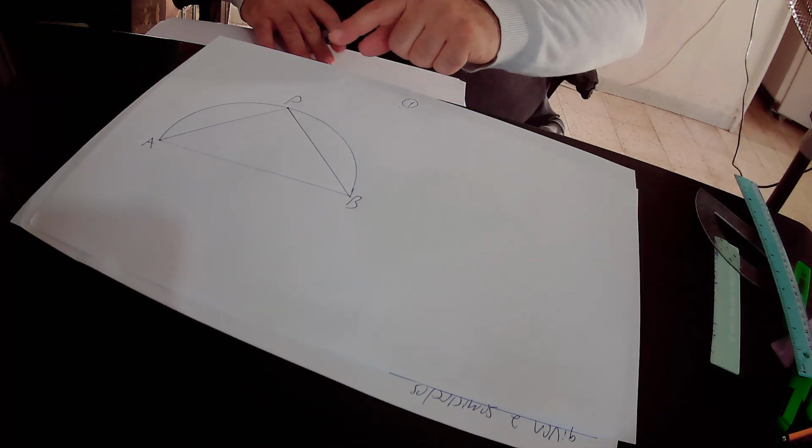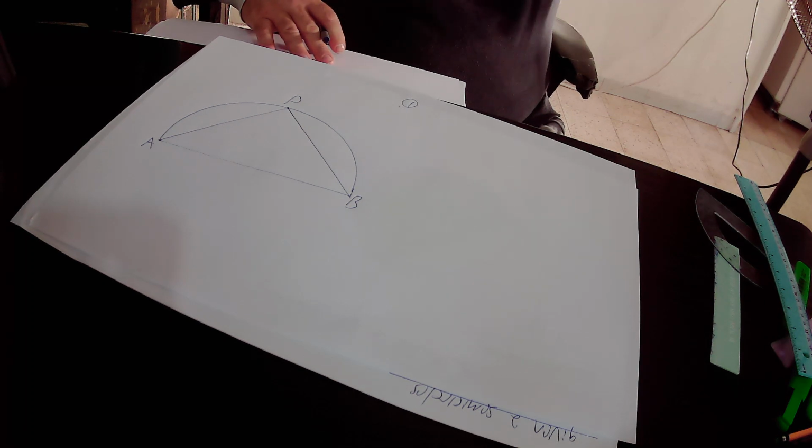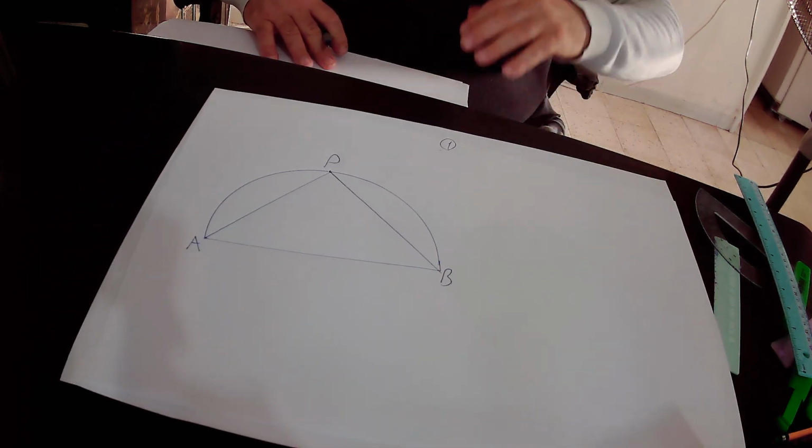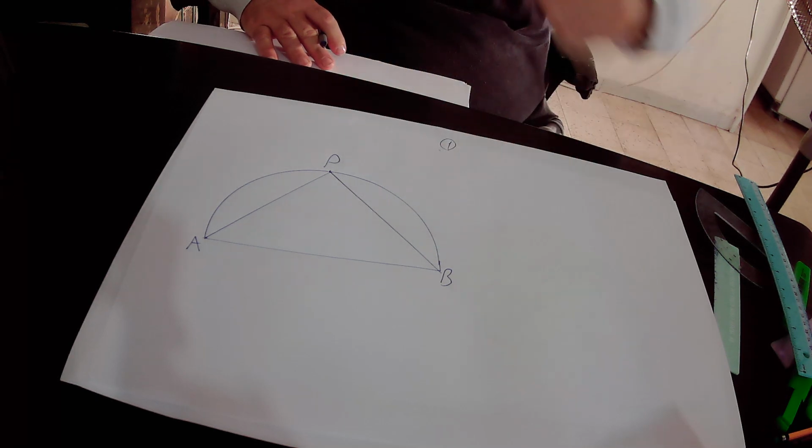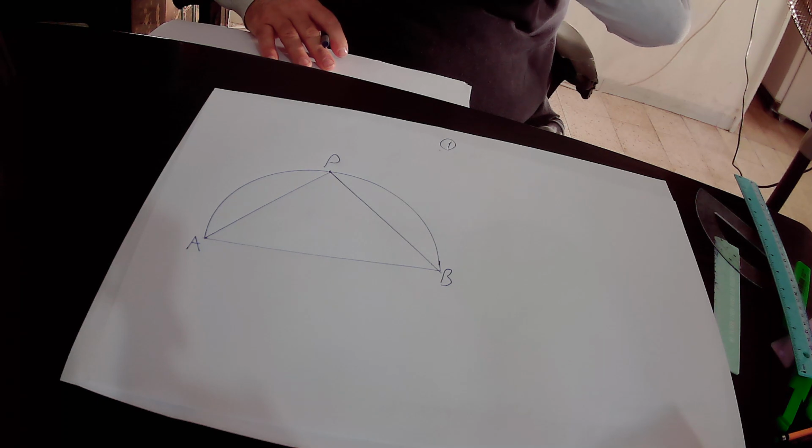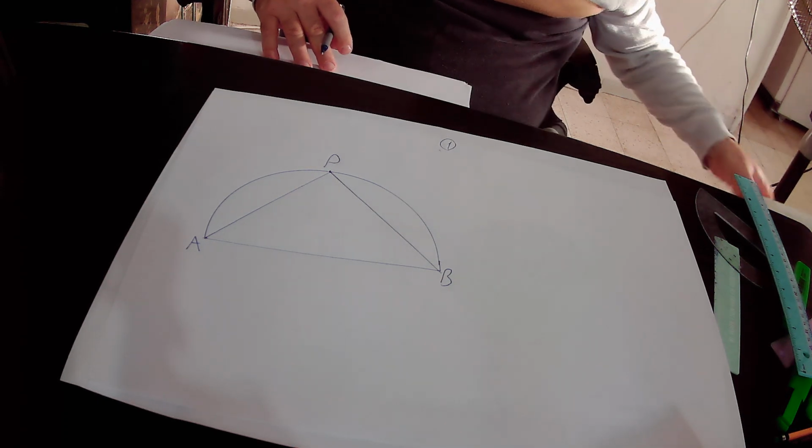So actually, this is the white semicircle copied from the original drawing. Side AB is the diameter of this white semicircle. So I'll write it down.